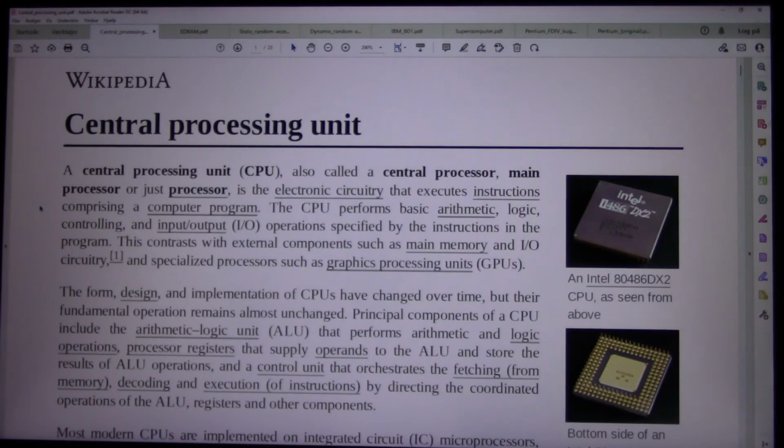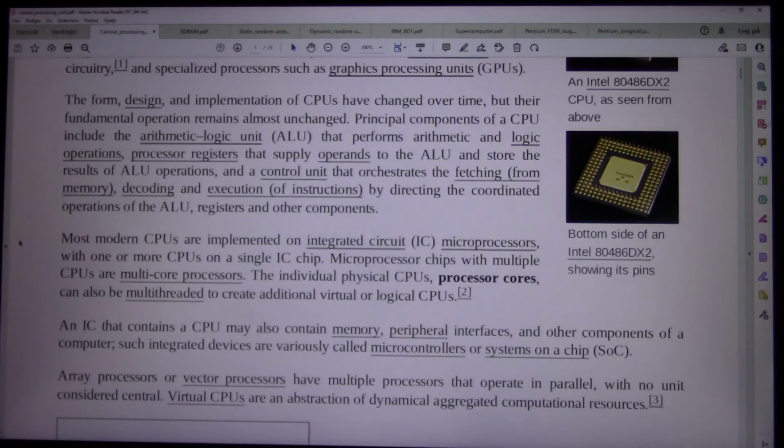This contrasts with external components such as main memory and I/O circuitry, and specialized processors such as graphics processing units, GPUs. The form, design, and implementation of CPUs have changed over time, but their fundamental operation remains almost unchanged.